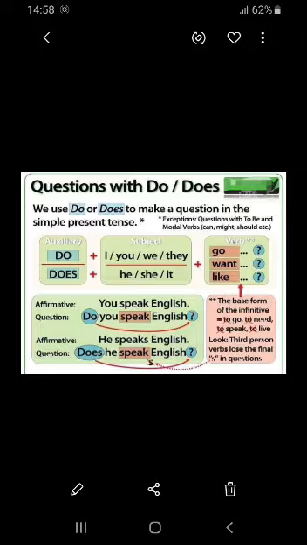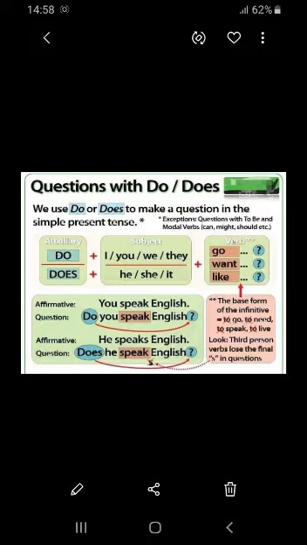Look at the second sentence. He speaks English. As you can see, verb speak in the simple present. For he, we say speaks. If I want to make it a question, what shall I say? Yes. Does he speak English? What do you notice?